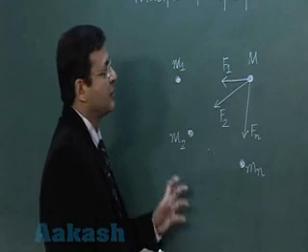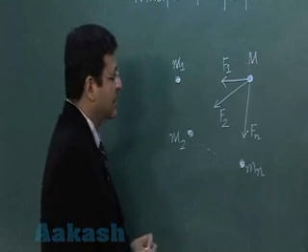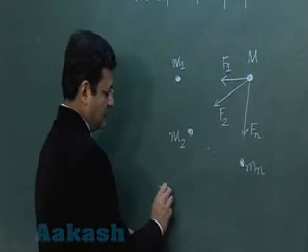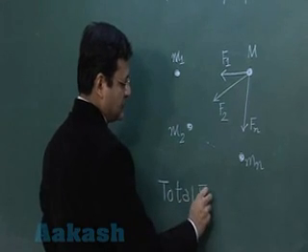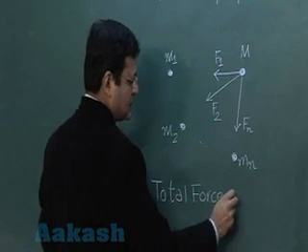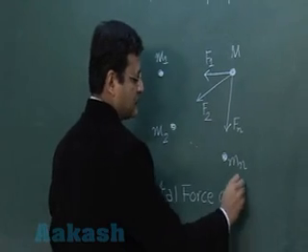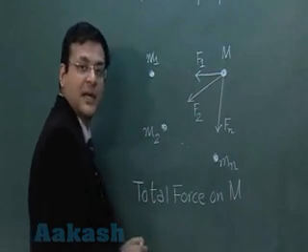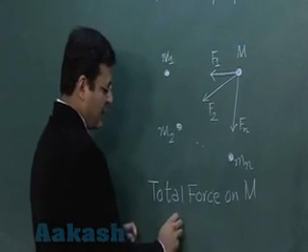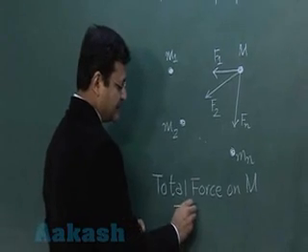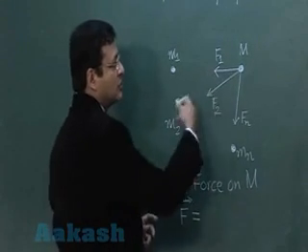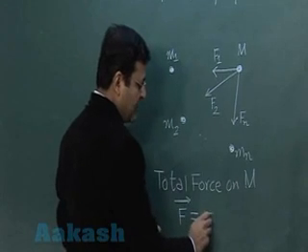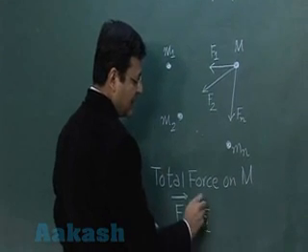The superposition principle says that the total force on M, total force on capital M, if you are denoting it by F vector, will be equal to the vector sum of all the individual forces acting on it.